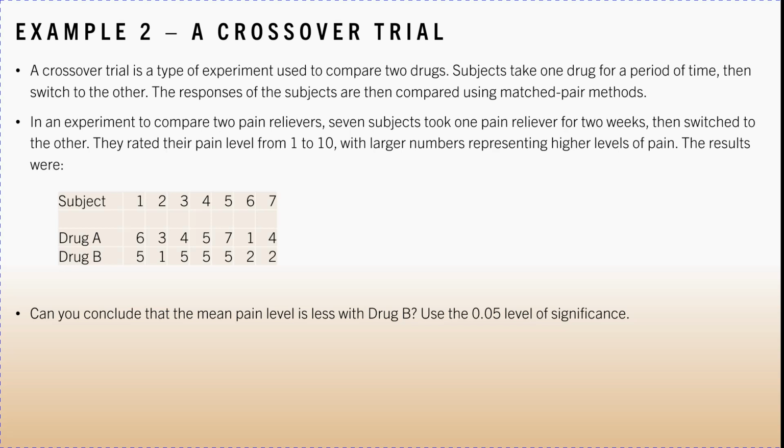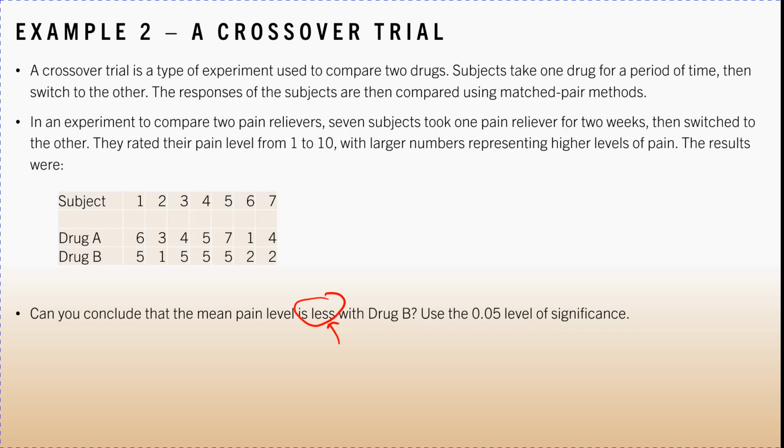So patient number 2 under drug A, you can see here, had a pain level of 3, and then it fell to a 1. But then, it's not always the case, right? Like patient 6 had a pain level of 1 and then a pain level of 2, okay? Can you conclude that the mean pain level is less with drug B, okay?